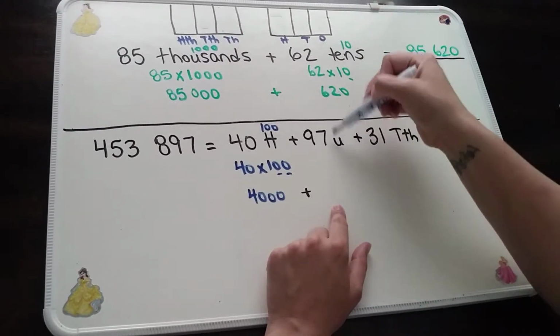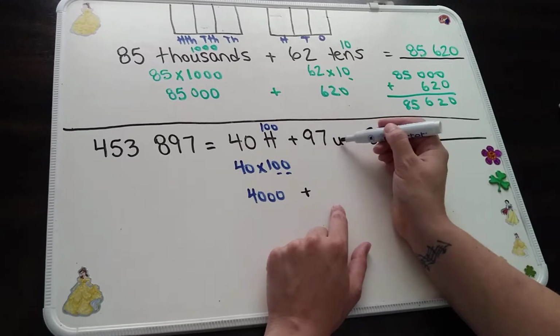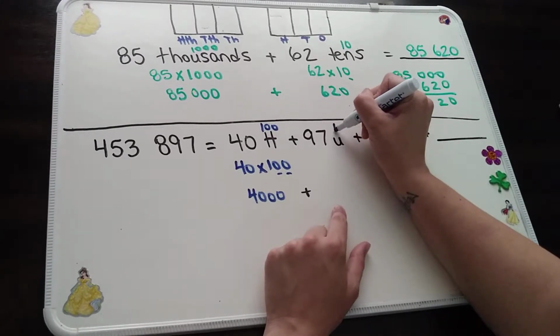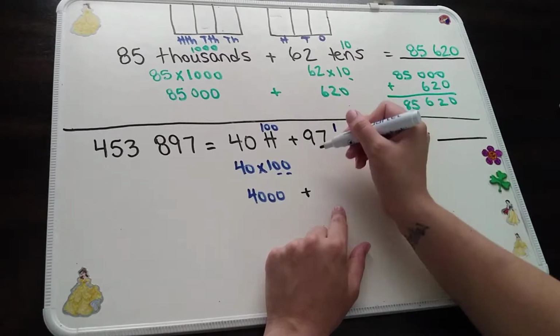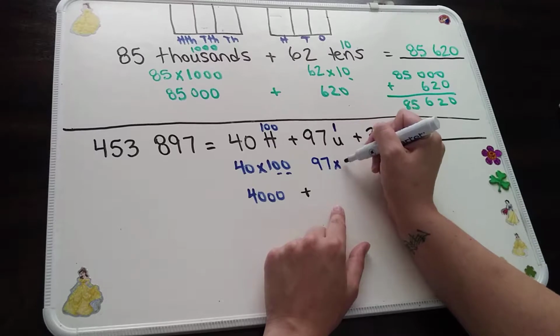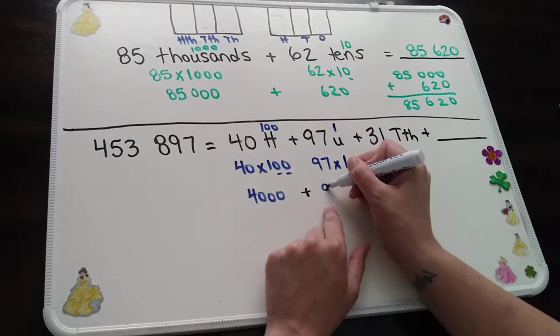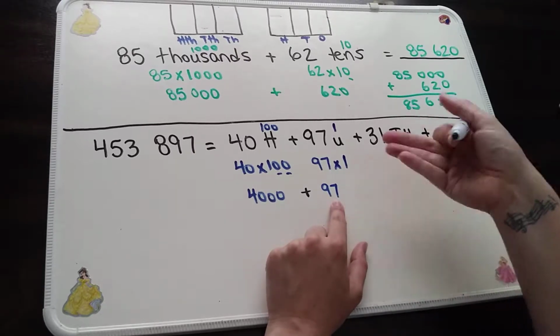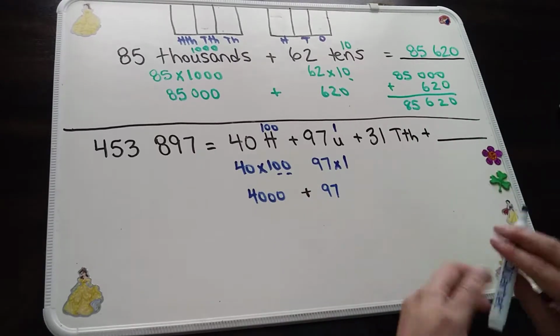But again, it is the ones place, same thing. So units, or ones, what does that look like? There it is. So here I'm doing 97 times 1. So again, I take my original number. There's no zeros there. So 97 times 1 is just 97. So that one was done for us.